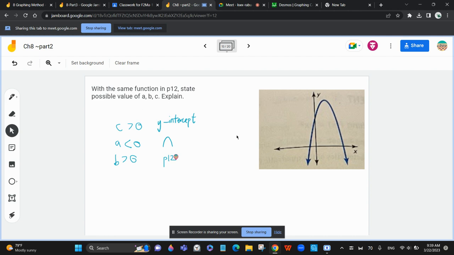To explain B is larger than 0, we can use the vertex, I guess, is the fastest, the negative B over 2A. Yeah, it's the fastest.